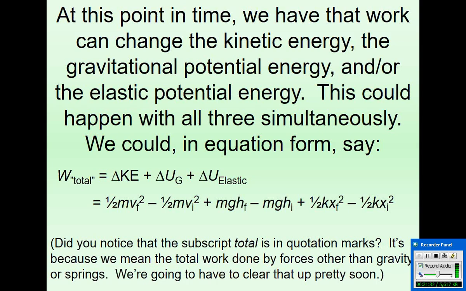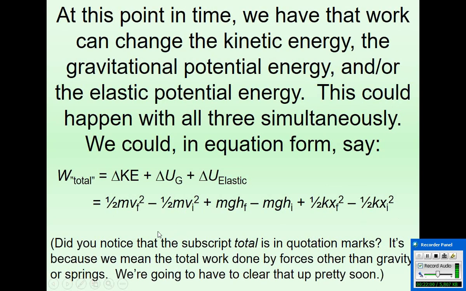Written out in all of its gory detail, we can say that the total work of all forces except gravity and springs is equal to 1/2 mv final squared minus 1/2 mv initial squared plus mgh final minus mgh initial plus 1/2 kx final squared minus 1/2 kx initial squared. That's at least for something near the surface of the Earth.